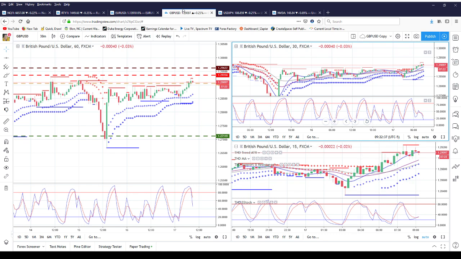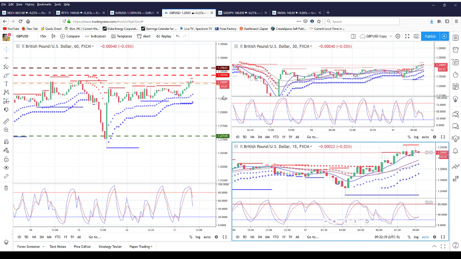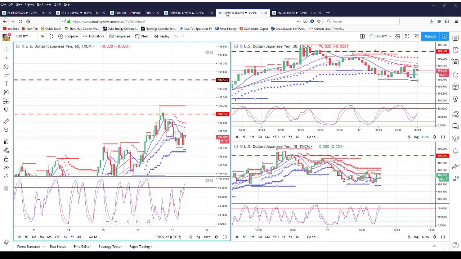The British pound is having trouble moving. Now, to turn either of these stochastics, we do need a bearish bar on the USD JPY.